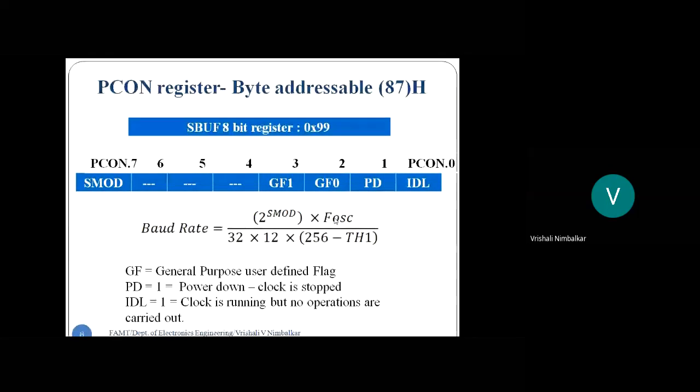So it is very sensitive. The oscillator should always be 11.0592 megahertz. With all these known parameters, I will find out what is the count to be loaded in the TH1 register. If I load that count, I'll be getting the desired baud rate. Okay, students.